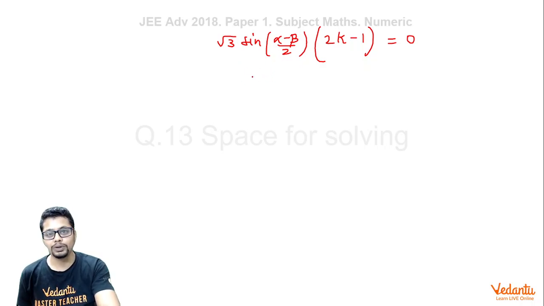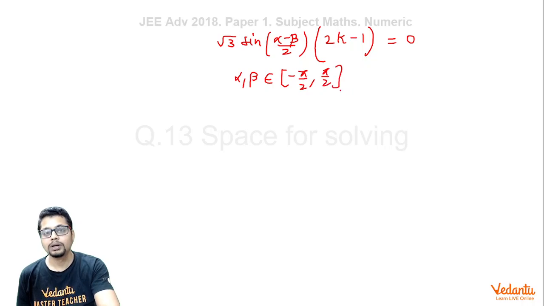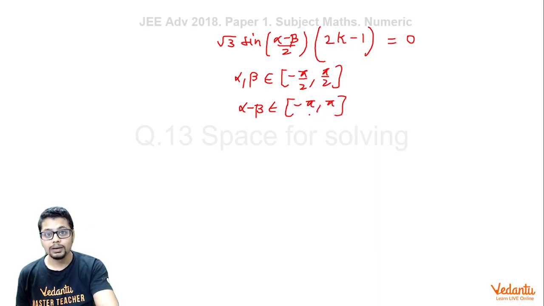So let's explore. Here alpha and beta both belong to the closed interval minus pi by 2 to pi by 2. So alpha minus beta would belong to the closed interval minus pi to pi. Now you may wonder how. Because alpha belongs to the closed interval minus pi by 2 to pi by 2 and beta belongs to the closed interval minus pi by 2 to pi by 2.